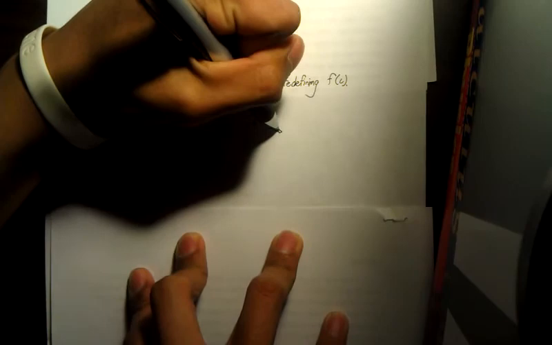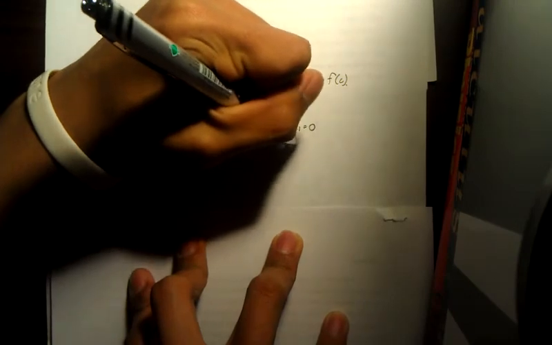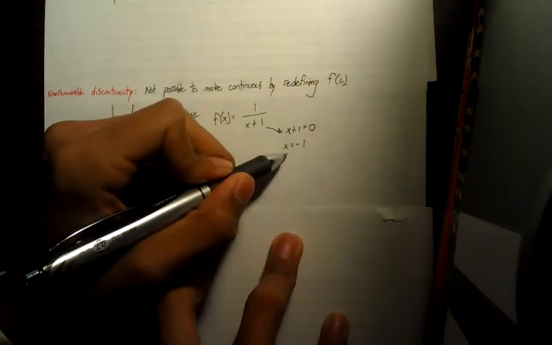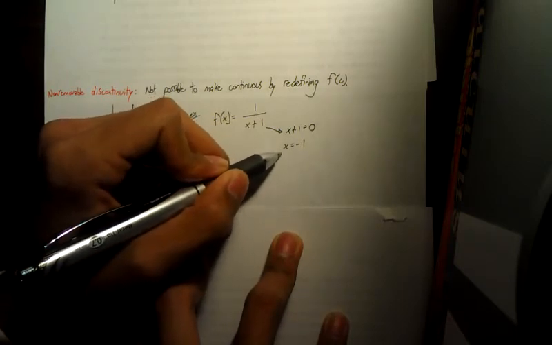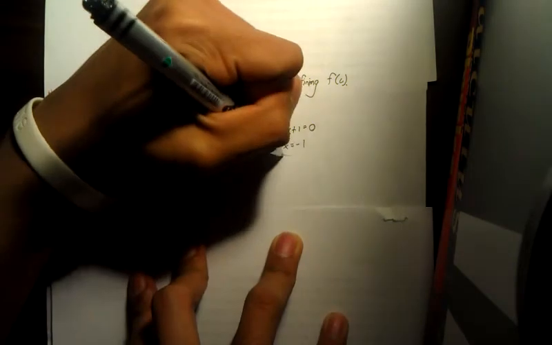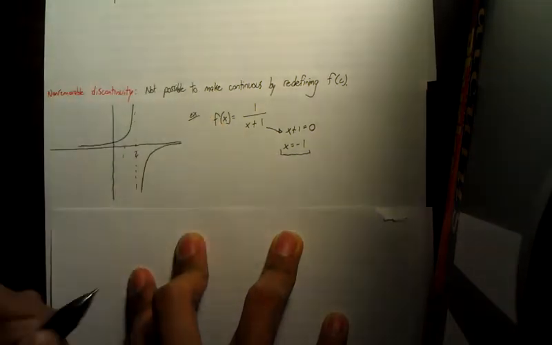So if you go x plus 1 equals 0, x equals negative 1, and this would be your vertical asymptote, which would also be where there is a discontinuity.